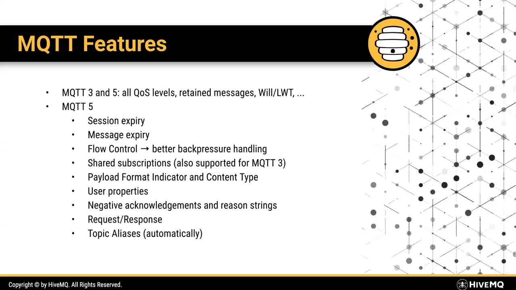And we get a lot of internal features like topic aliases, which reduce the bandwidth that is required on the network. Subscription identifiers, the same. And we get a new enhanced auth mechanism that makes authentication and authorization more flexible. Security and authentication is a big part of IoT, so it's a nice addition to the MQTT specification.